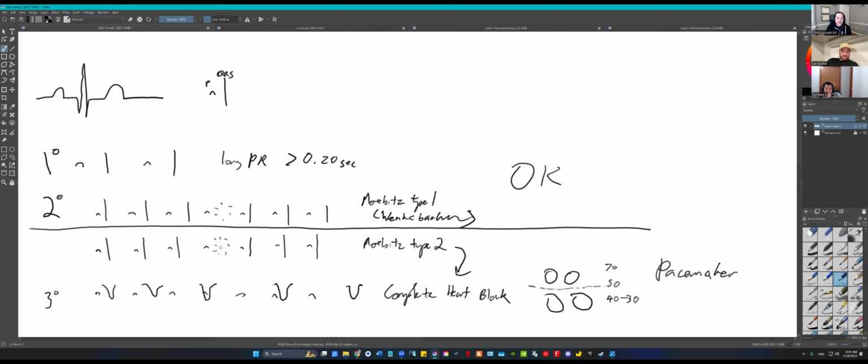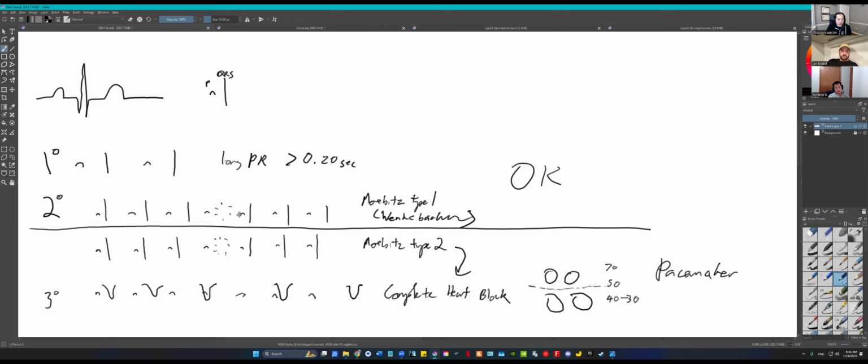So if you're handed some wonky EKG, what you want to do is look for P waves. You want to make sure that after every P wave is a QRS. And if there isn't, then you can start looking at these patterns. Is there a large gap between the P and the QRS?